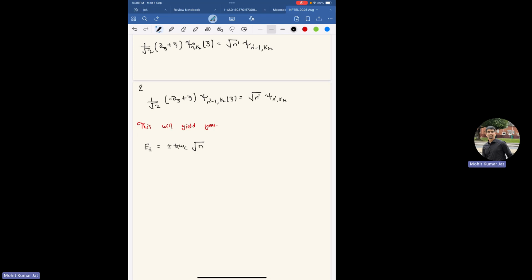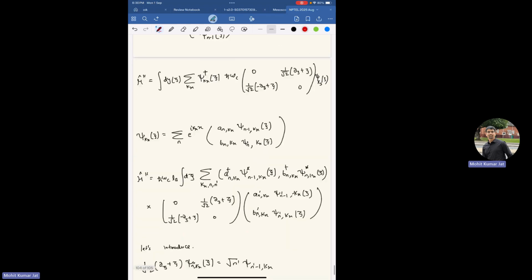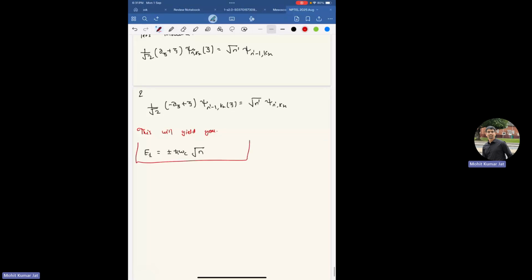So if you just solve this Hamiltonian, you will get the energy eigenvalues to be E plus minus h bar omega c square root of n. Let me just mark this equation also, and this is equation number 10.